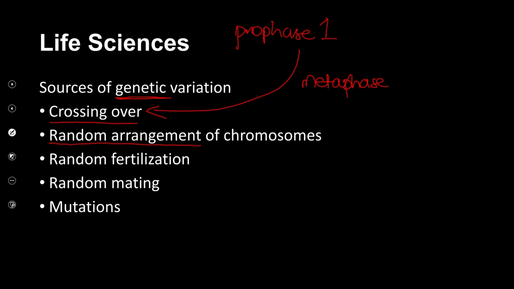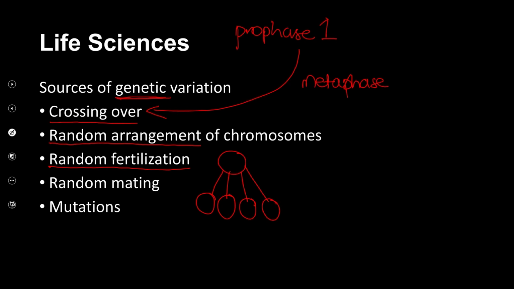The next source of genetic variation is random fertilization. When a cell undergoes meiosis, it's going to form 4 gametes, and any one of those 4 gametes can fertilize another gamete.